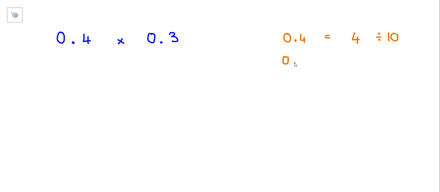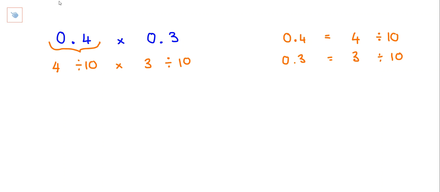So 0.3 is the same as 3 divided by 10. So what I can do then is transfer it over to here. 0.4 is actually 4 divided by 10 times 3 divided by 10.